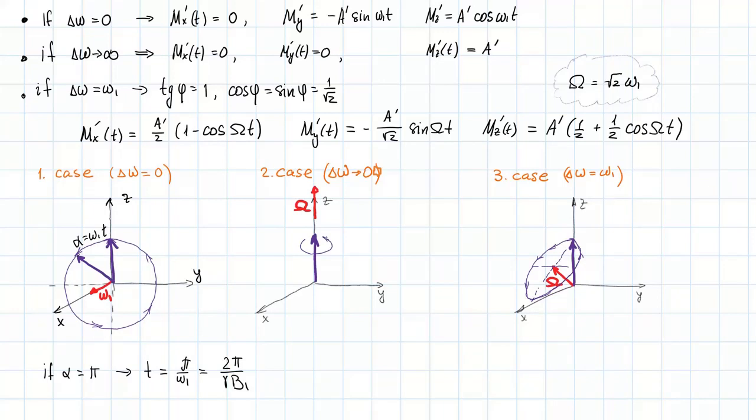If I take a B1 field of about 1 millitesla, then the rotation time by angle pi will be on the scale of tens of nanoseconds for electron spins. For proton spins, I obtain a rotation duration about 1000 times longer, that is, tens of microseconds.